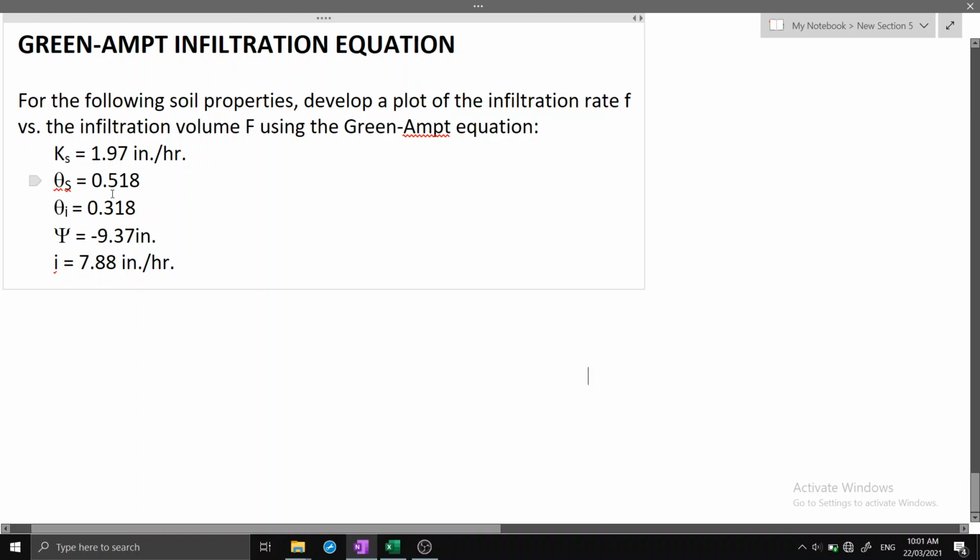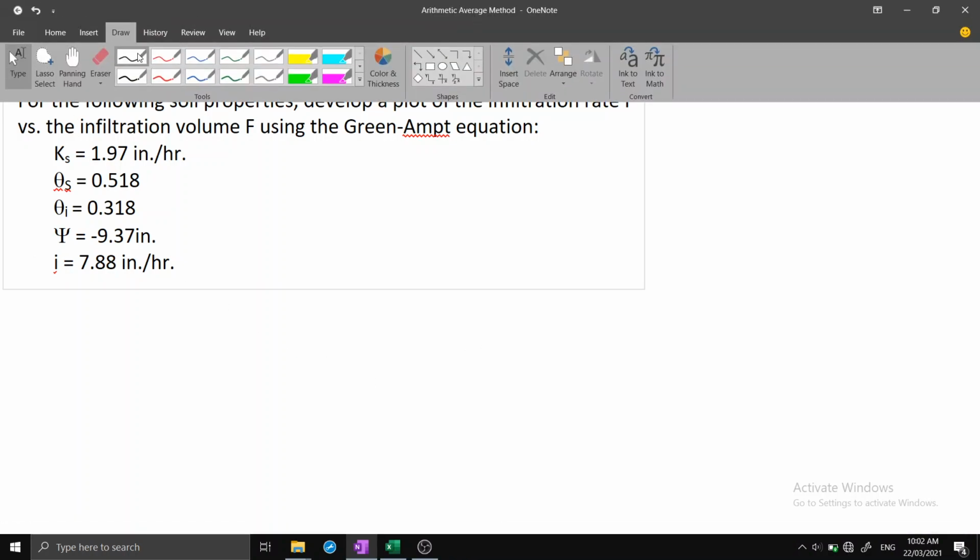The saturated moisture content is equal to 0.518. The initial moisture content, 0.318. The suction, so negative 9.37 inches. And the rainfall intensity, which is equal to 7.88 inches per hour.